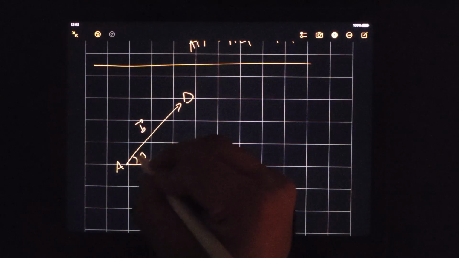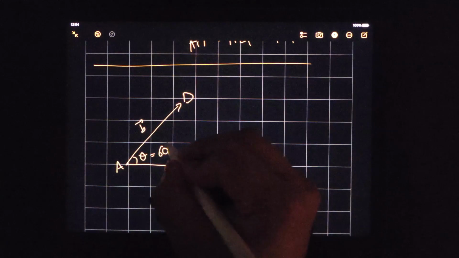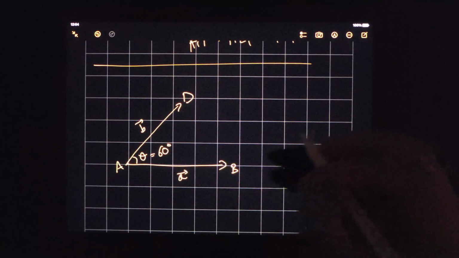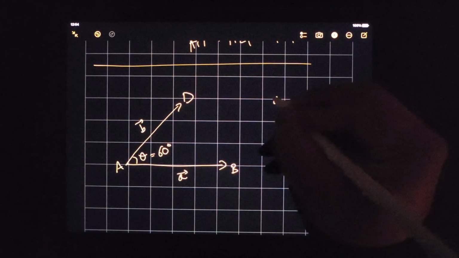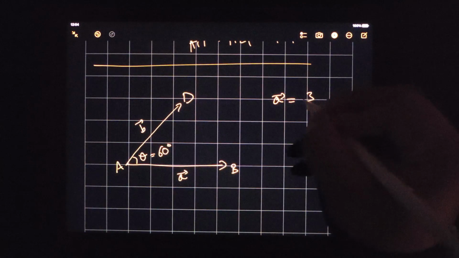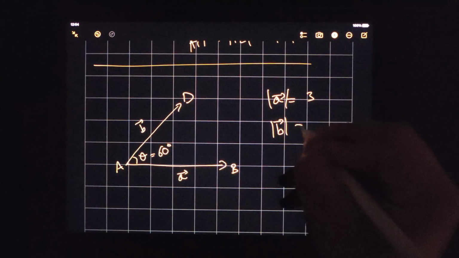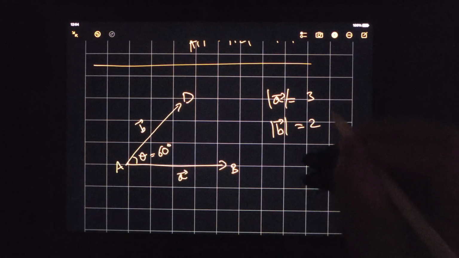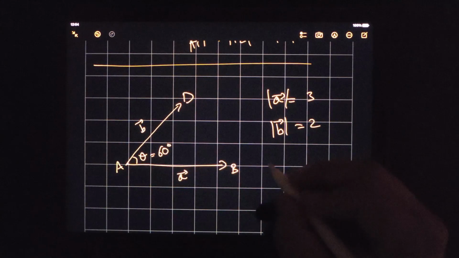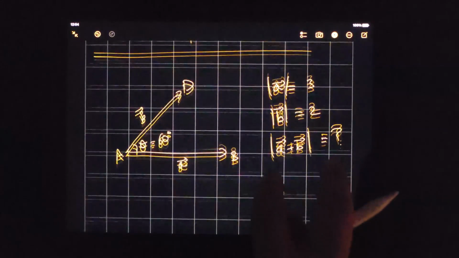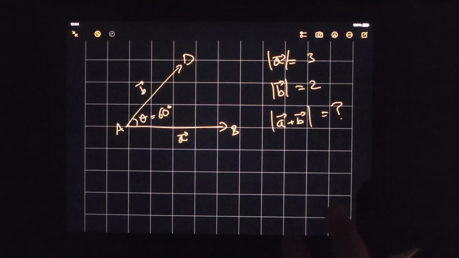And I'm going to give it an angle of 60 degrees. So let's say that the magnitude here is 3, and the magnitude here is 2. Now I want you to find out what is A plus B.